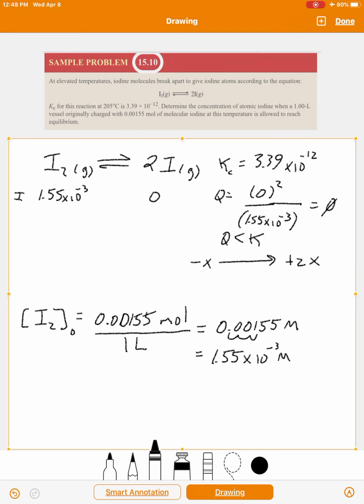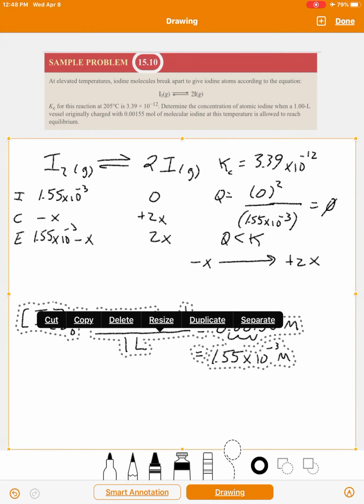It's negative on the side it's going from, and positive on the side it's going to. So at equilibrium, this would be 1.55 times 10 to the minus 3 minus x, and this would be 0 plus 2x, which is just 2x. Okay? So there we go.